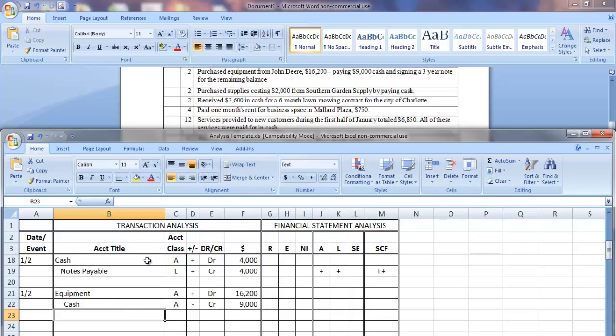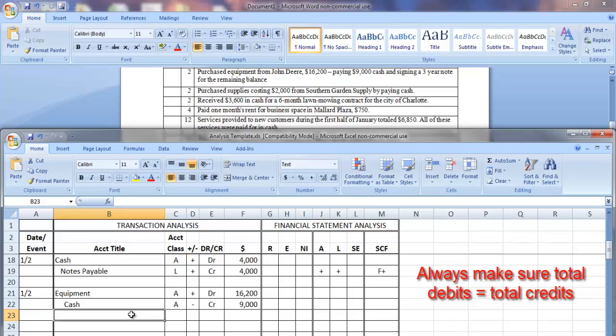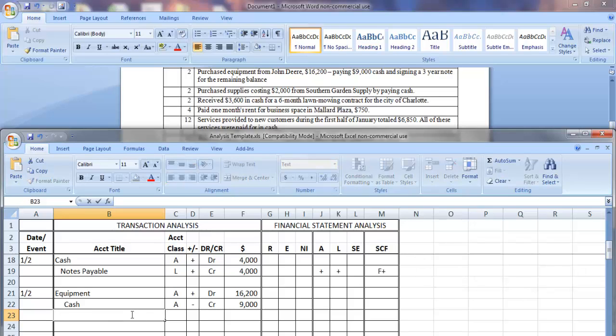and signing a 3-year note for the remaining balance. So for the other $7,200, we're going to owe John Deere for the next 3 years. So we've increased our liabilities by signing another note payable, increase with a credit for the remaining balance of $7,200.